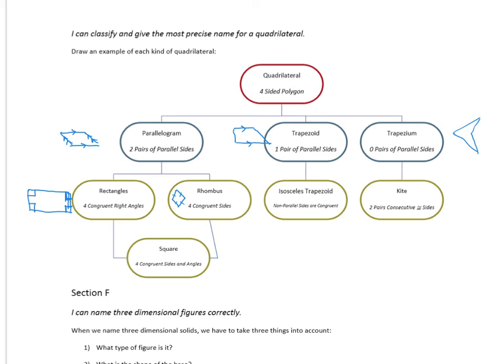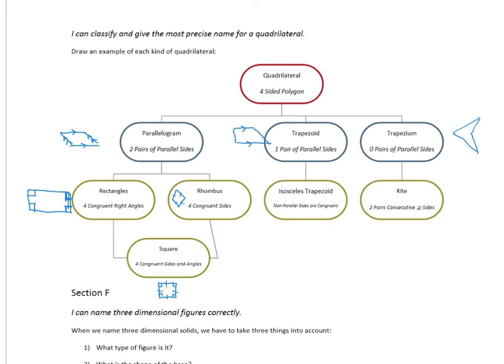And then finally, a square is really cool because it is both a parallelogram, a rectangle, and a rhombus. So it has 2 pairs of parallel sides, 4 congruent sides, and 4 congruent angles. Squares are awesome.